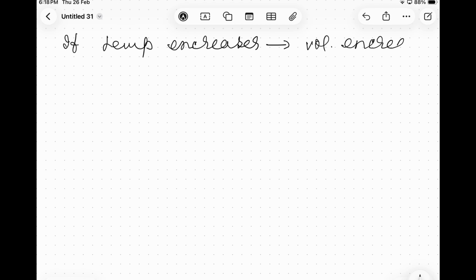If temperature increases, volume increases, and molarity decreases.